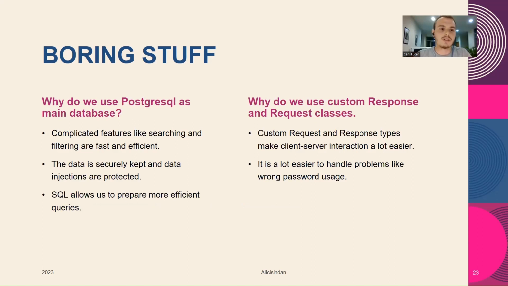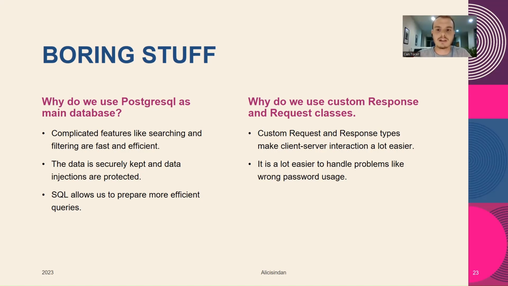Why do we use PostgreSQL as the main database? Because PostgreSQL allows us to use complicated features like filtering and searching, and those features are much more efficient with it. The data is securely kept and the data injections are protected with the built-in methods of Java's PostgreSQL library. And using SQL allows us to prepare more efficient queries that work faster.